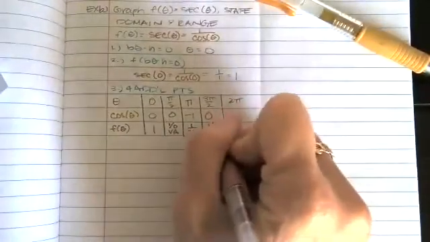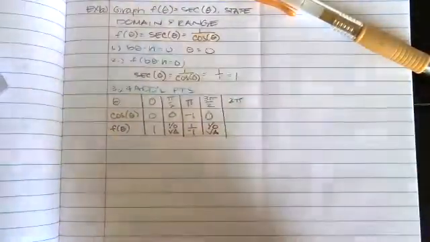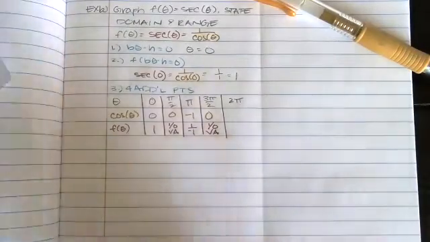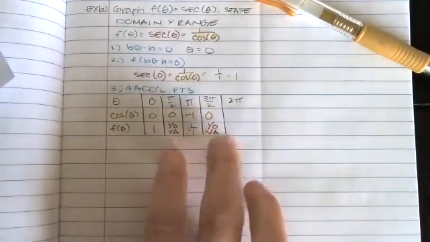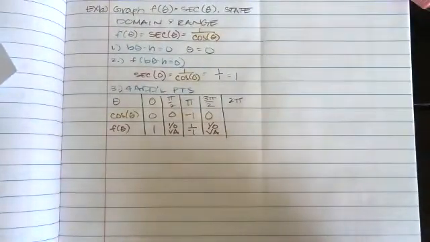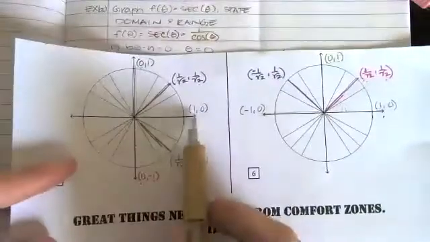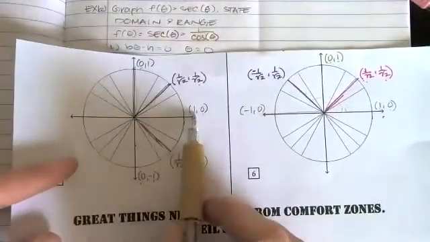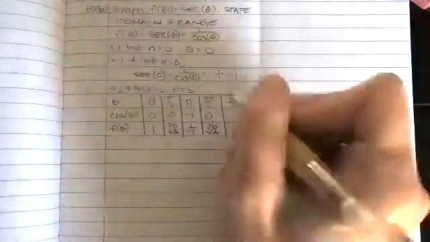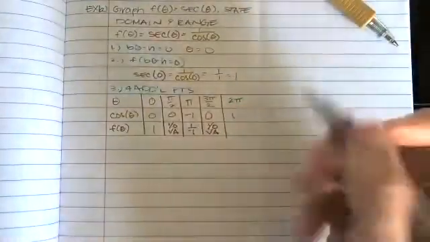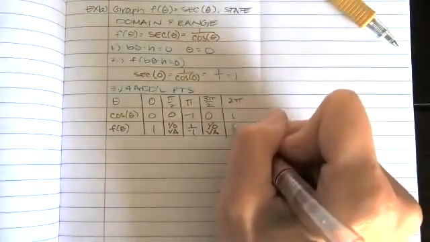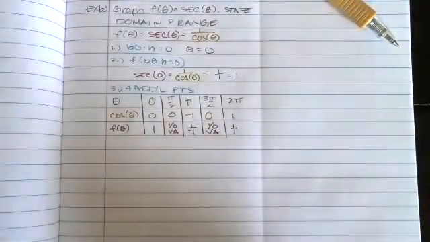That gets us 0 again, which means that we would have 1 over 0, or a vertical asymptote. So does that make sense? We can see how these two ideas are related. Yeah. Okay. So the cosine of 2 pi, that gets us 1 revolution of the circle back to the beginning, will be 1. And then the secant of that would be 1 over 1, or just +1. So far, is that okay?